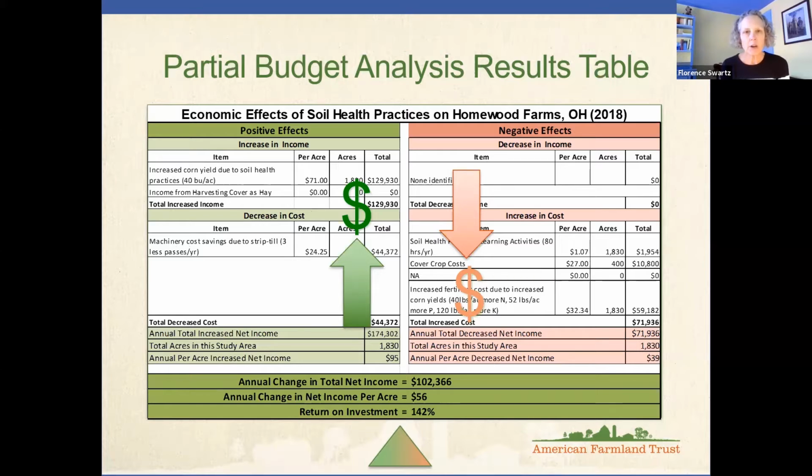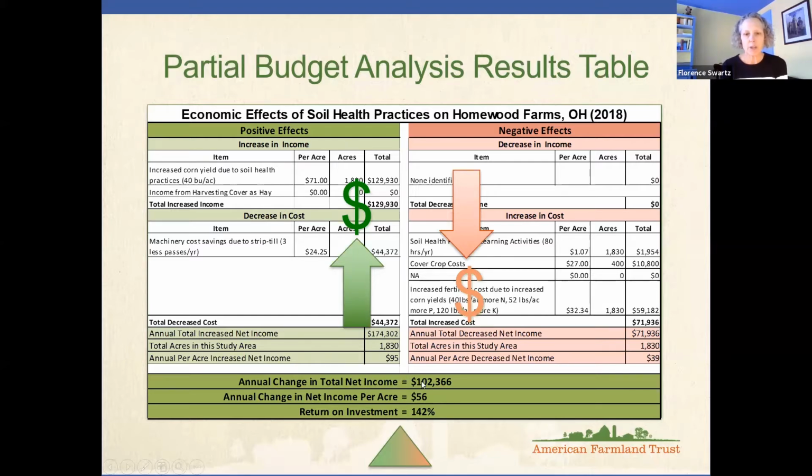So all of the costs in this partial budget analysis are annual or per year costs. It's the amount of money either coming into their wallet or going out from their wallet each year, from making a comparison from before they adopted the soil health to after. So that's basically how this table is set up.